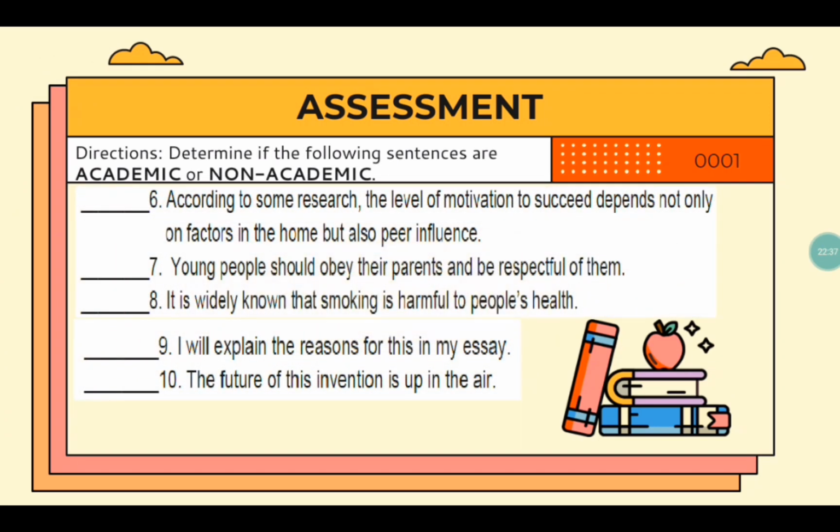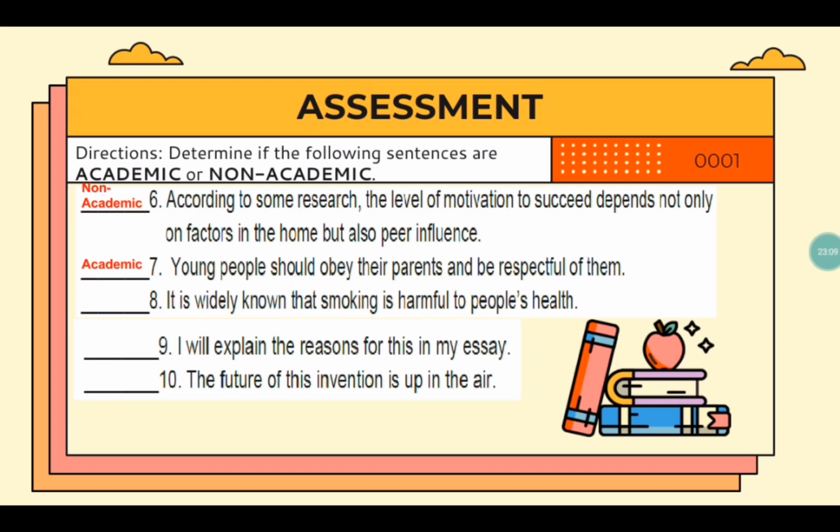Number 6, according to some research, the level of motivation to succeed depends not only on the factors in the home but also peer influence. Okay, that is non-academic. Number 7, young people should obey their parents and be respectful of them. This is academic.